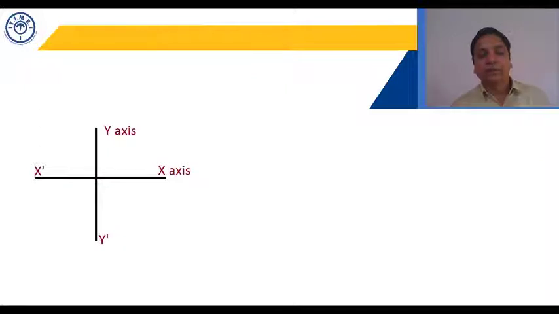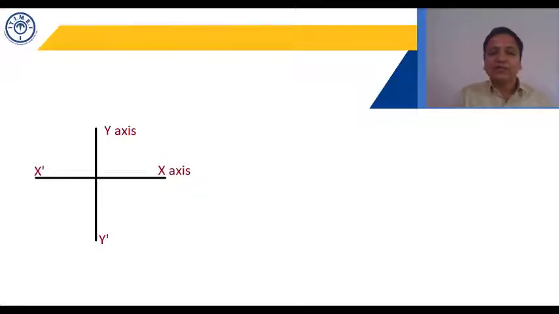Moving further, we divide our plane by two axes. One is x-axis, that is horizontal, and y-axis at right angle to x-axis. Any point on x-axis has y coordinate equal to 0. So we can also say equation of x-axis is y equal to 0.